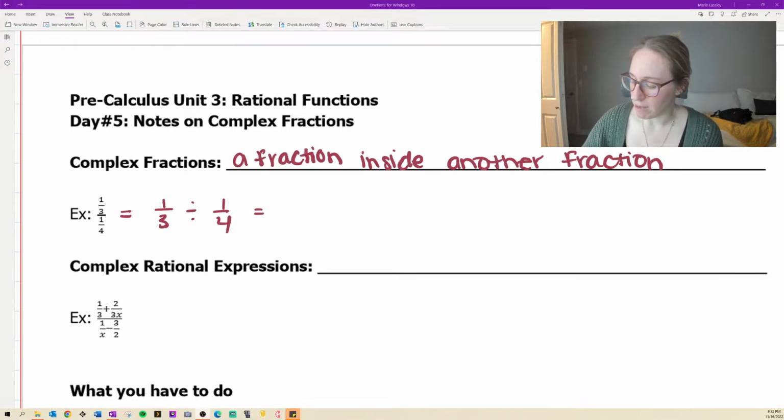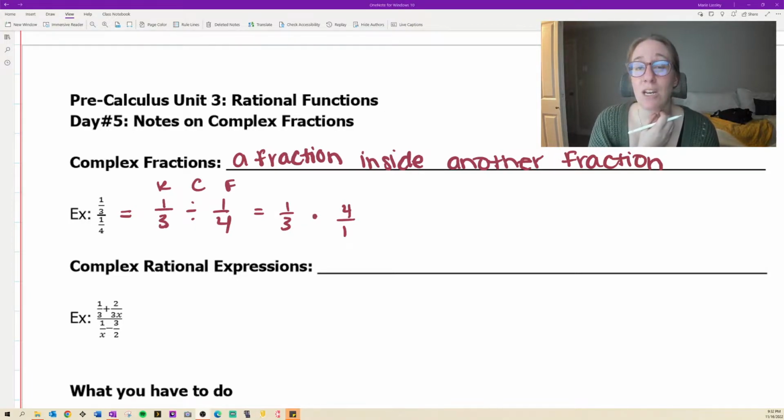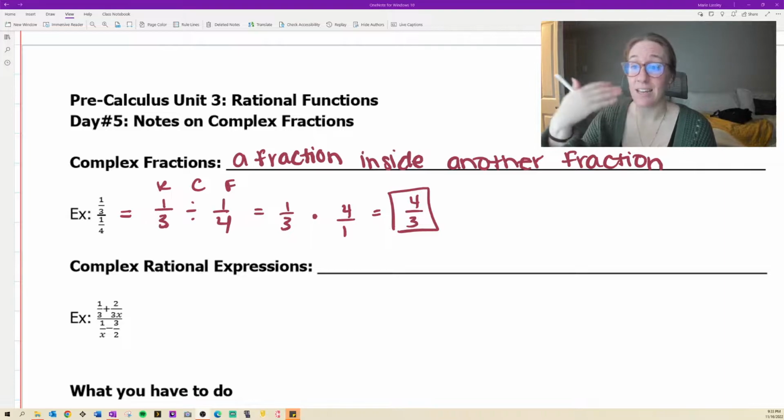So you would say, okay, well, 1/3, I'm going to keep the 1/3, I'm going to flip the 1/4, so it's 4 over 1, and then I'm going to change that division sign to multiplication, and then I'm going to multiply straight across. So 4/3. All right, that is the simplified version of this complex fraction. All right, so that's the concept. So really we're just doing division. It just looks a little different.